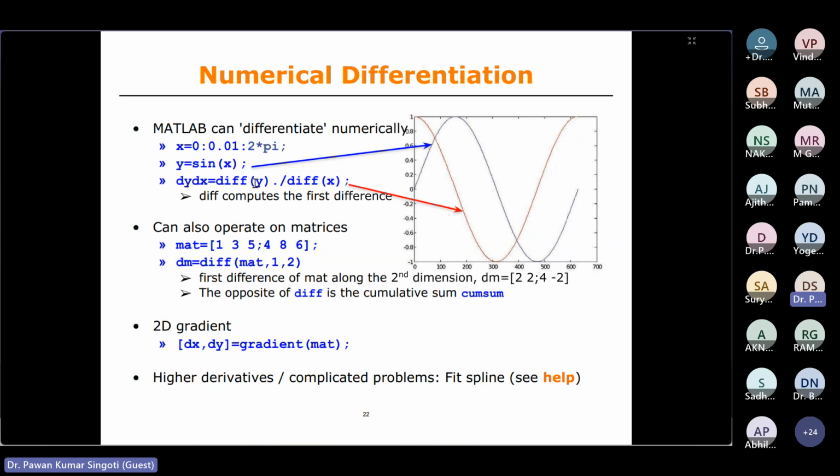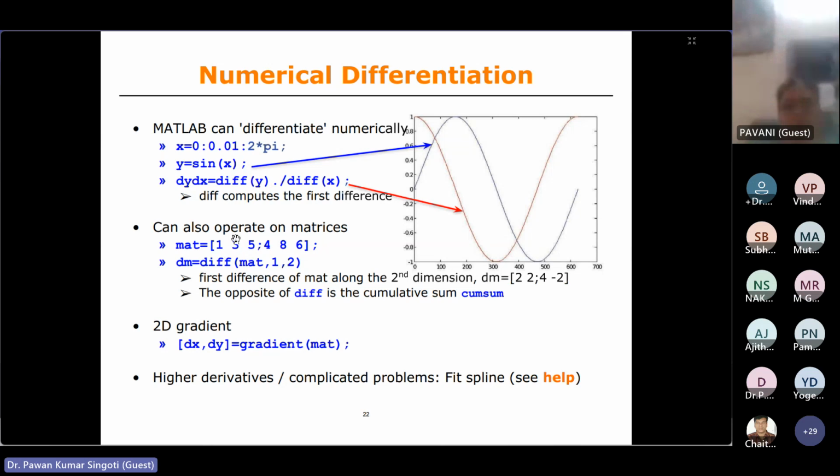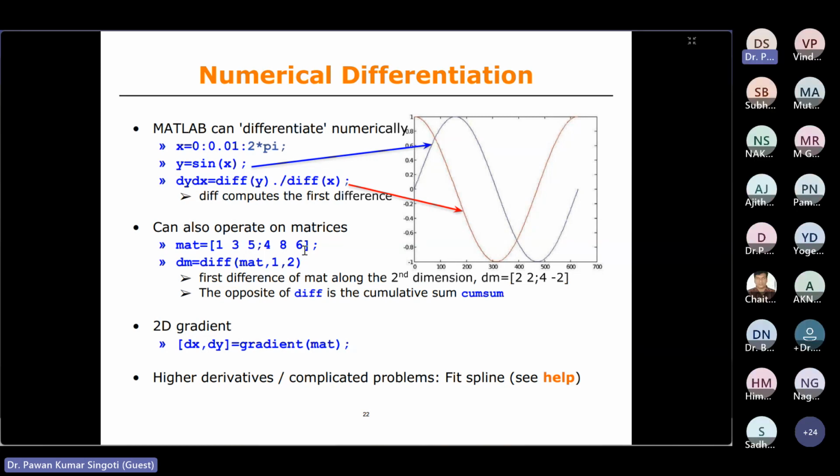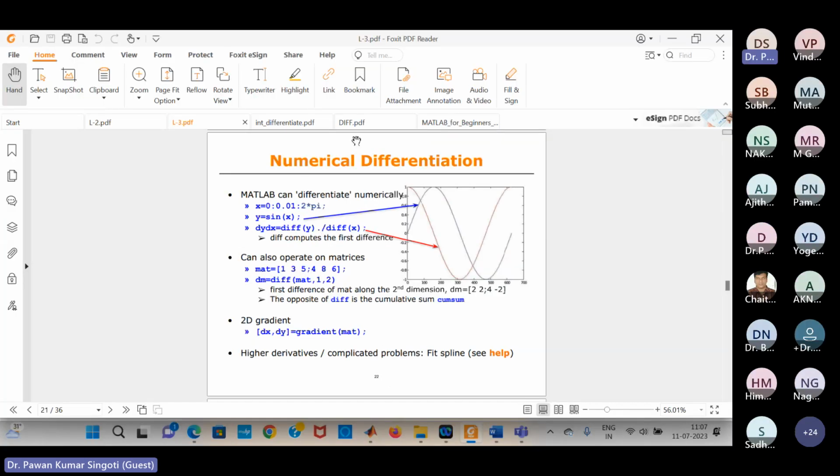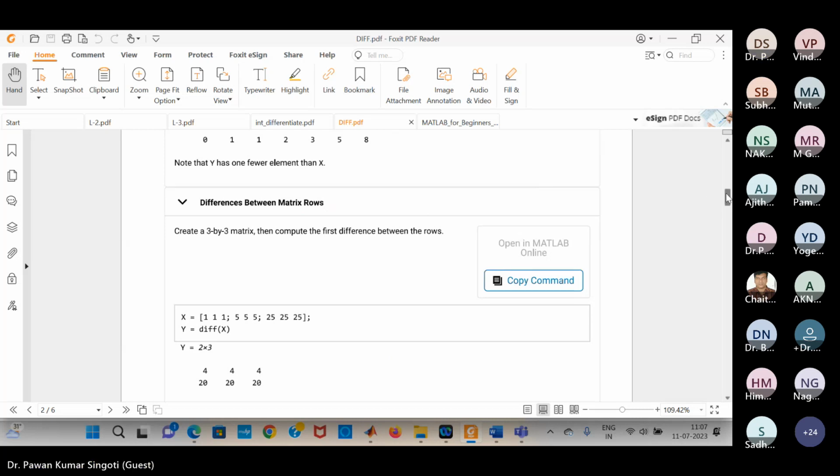So what is the meaning of diff(y)? It will differentiate the y vector. Okay, suppose there is a matrix available over here, 1 3 5 and 4 4 8 6. I'm showing you with the help of this what diff will do.